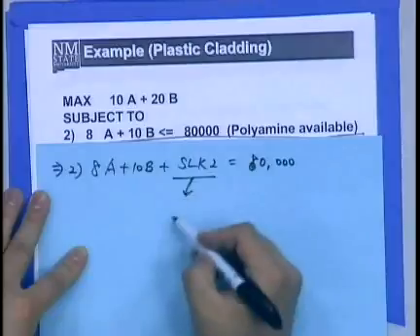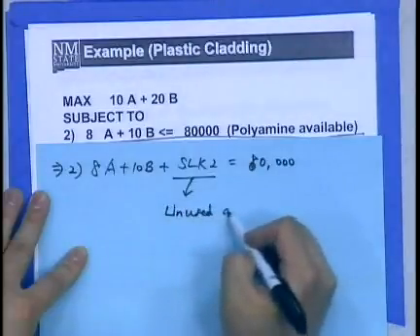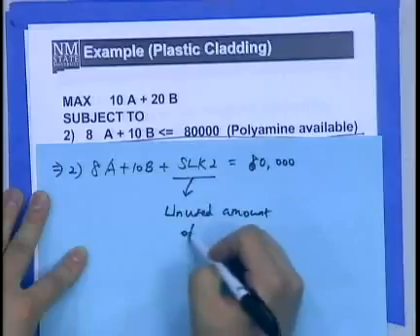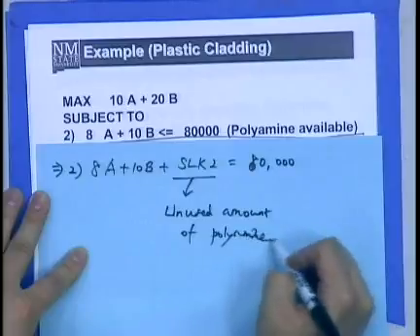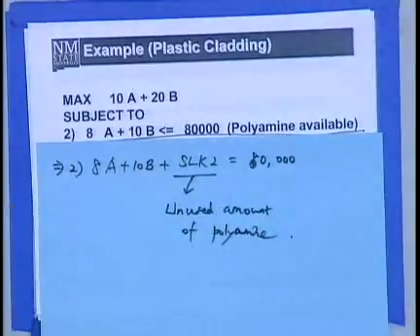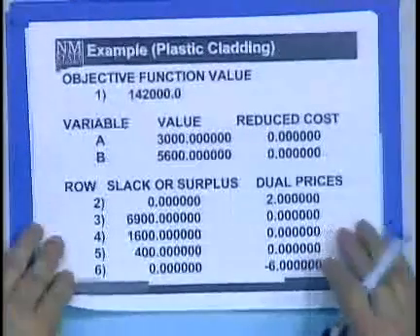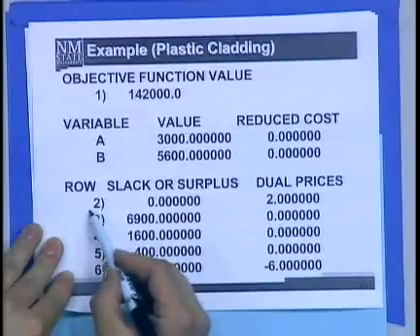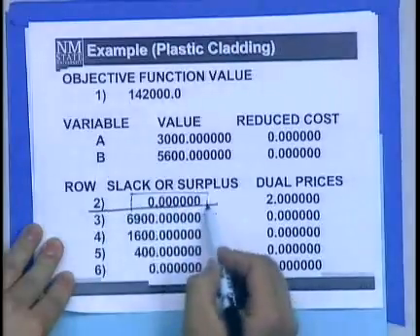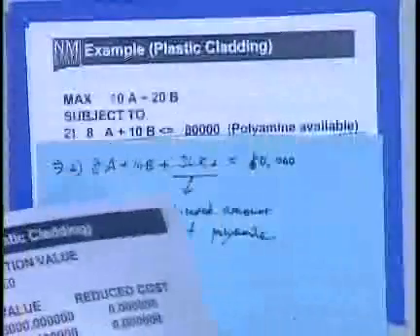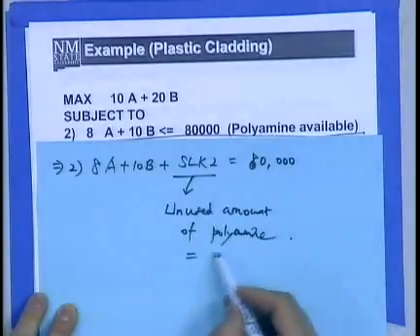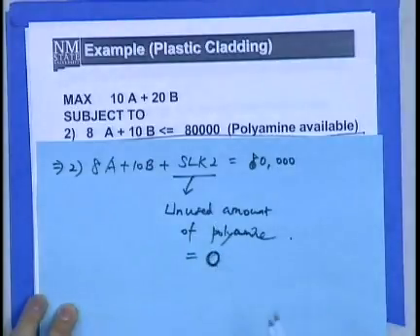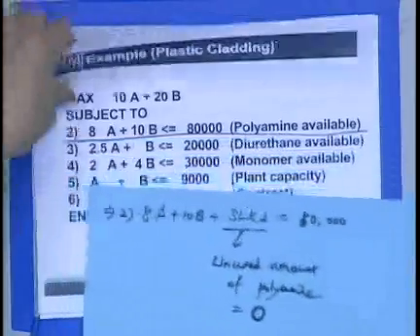And slack 2 is the unused amount of polyamine, right? And the current optimal solution tells us slack 2 is 0, which means the unused amount of polyamine is 0. Okay? It's very easy, right?